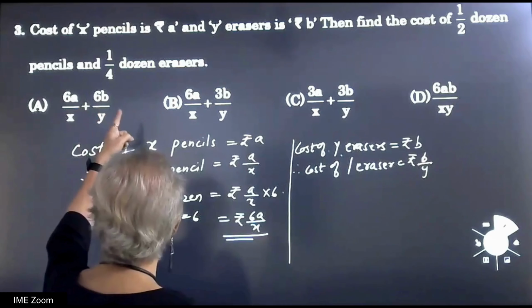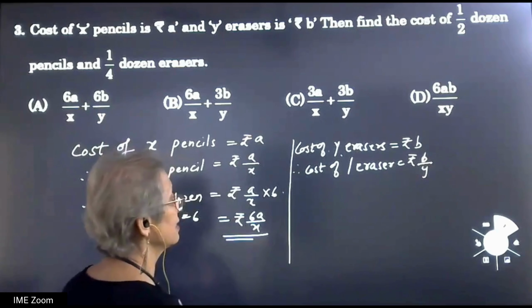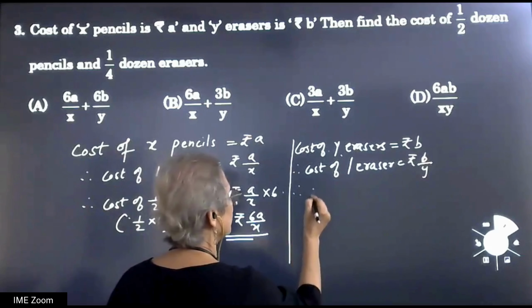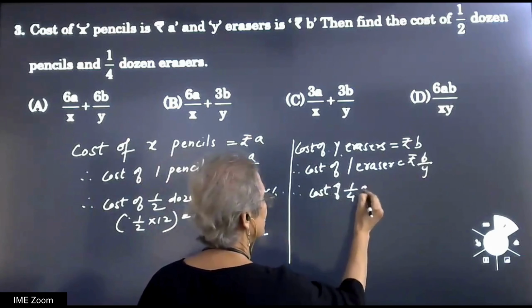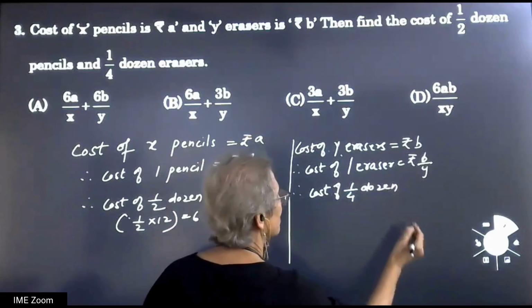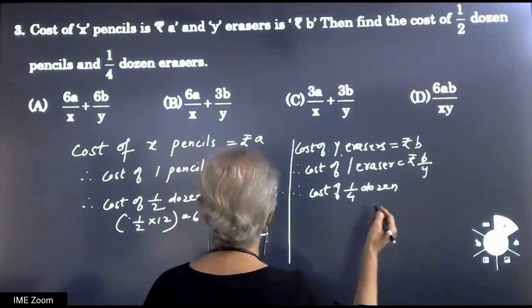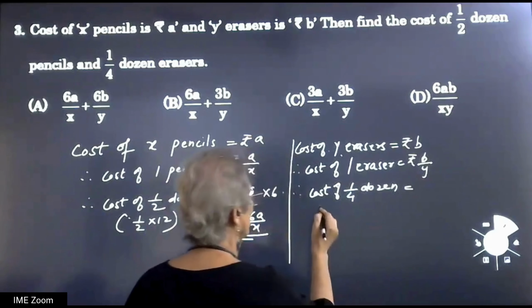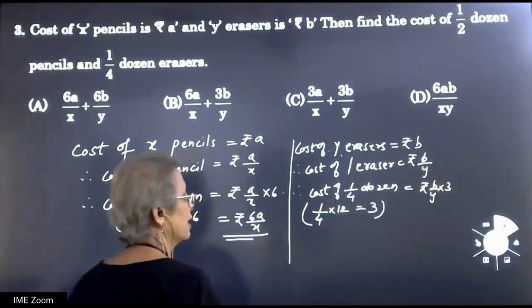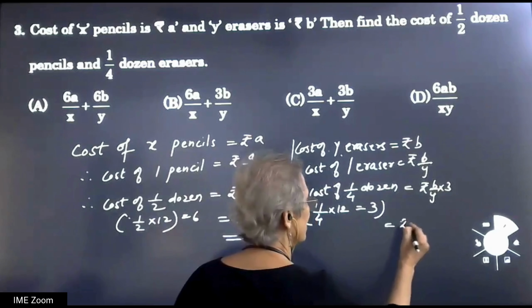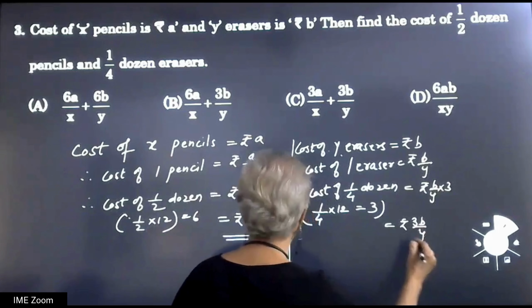Find the cost of 1/4 dozen. 1/4 means 1 upon 4 into 12, and that is equal to 3. And therefore it is rupees B upon Y into 3. And this is nothing but rupees 3B upon Y.